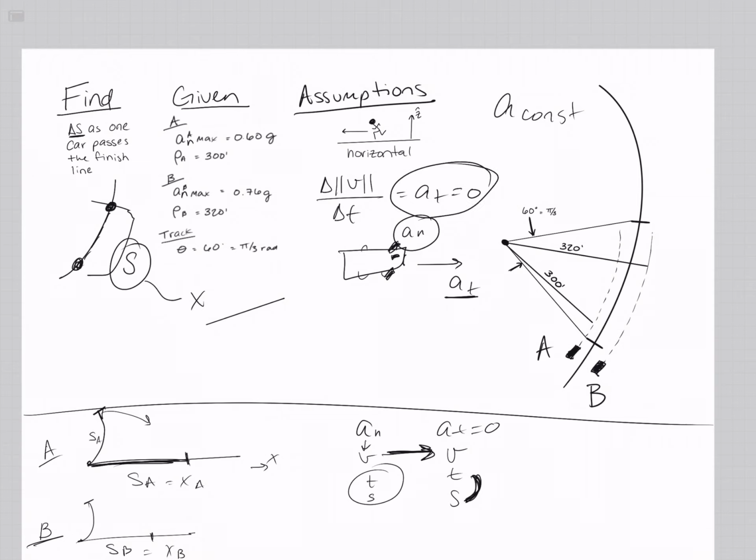So looking back at this problem, let's talk about the complicated parts. One is to know that constant velocity means that the tangential acceleration is 0, and that the maximum acceleration that's given is a normal. The next thing is not to assume which car goes first, and that you have to solve for it.